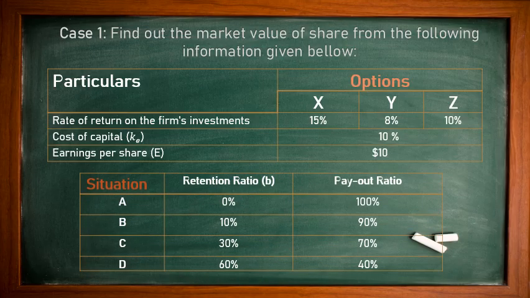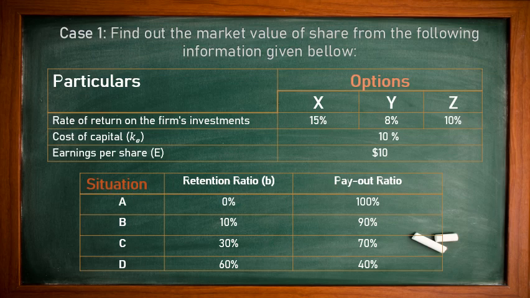Now we are going to put these options in situations A, B, C, and D, based on the retention ratio, that is B. Situation A shows the retention is 0%. It means companies are not retaining anything; in other words, they are paying all earnings as dividend.